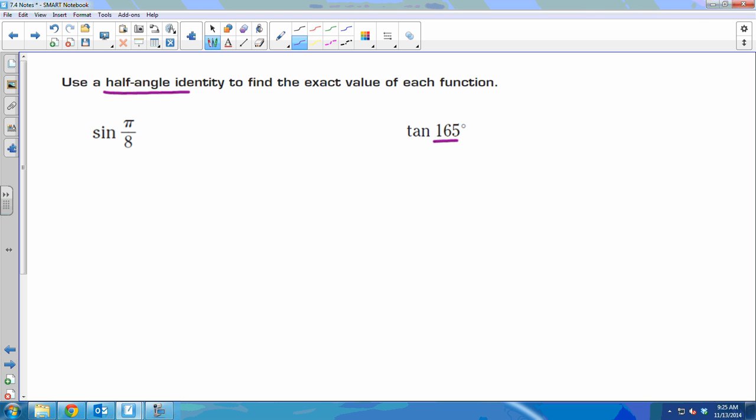So what's 165 times 2? 330. If I want to use this identity, I have to have some angle divided by 2 that's equal to 165. So if you multiply 165 by 2, then you have it.